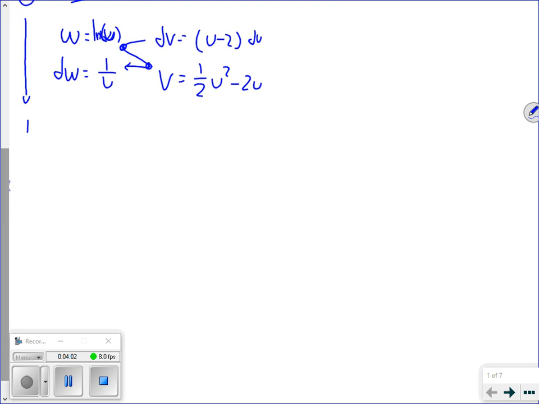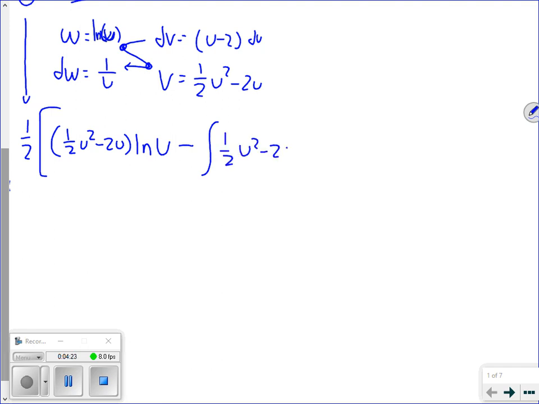So we've got 1/2, and then I'll multiply everything out. That's wv, so I'm going to say 1/2 u squared minus 2u times the ln of u, minus the integration of v dw. So that's going to be 1/2 u squared minus 2u, all multiplied by 1 over u du.